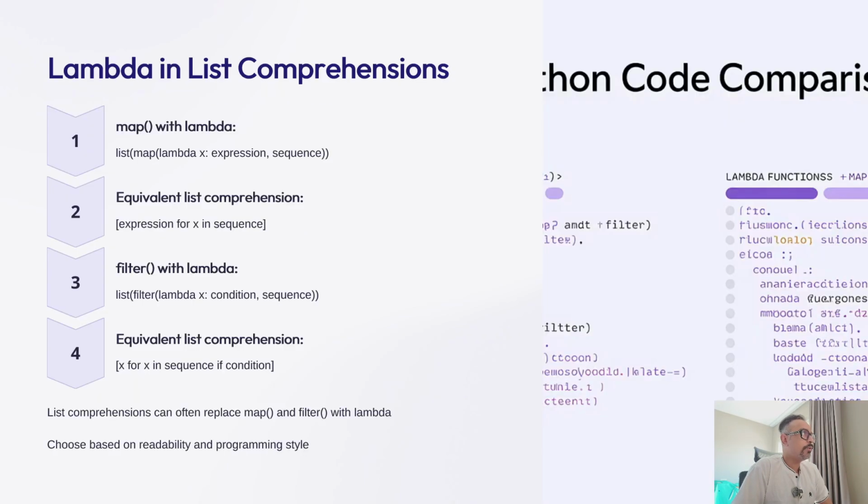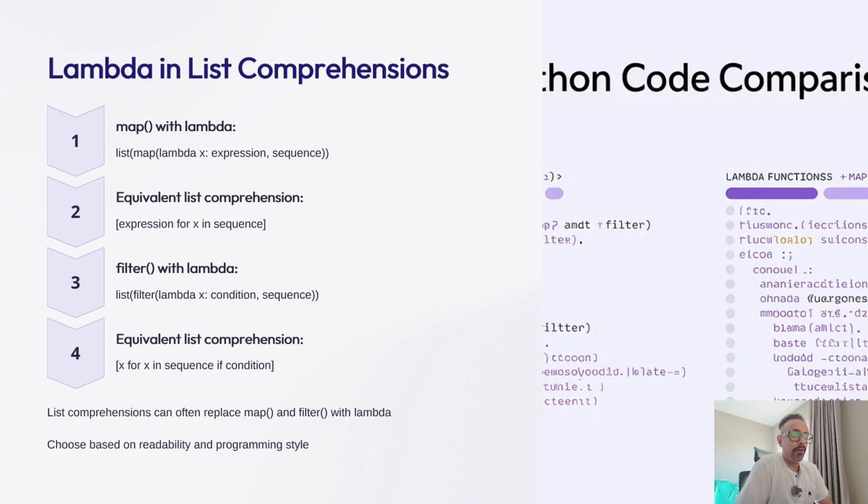So now we are going to talk about lambda in list comprehensions. In Python, list comprehensions often provide an alternative to the functions that we saw, that is map and filter with lambda functions. List comprehensions offer a more concise and more readable syntax for creating lists based on existing sequences.